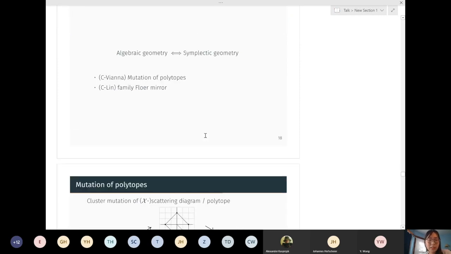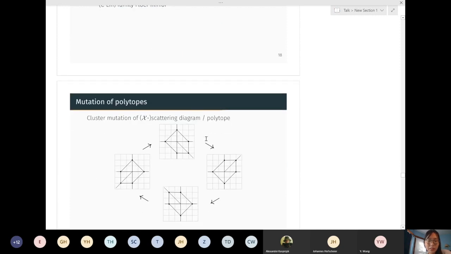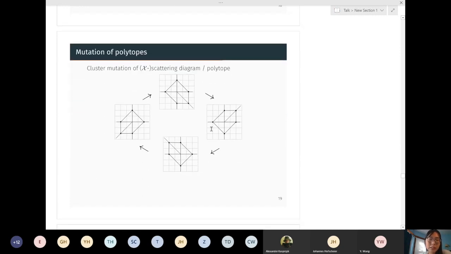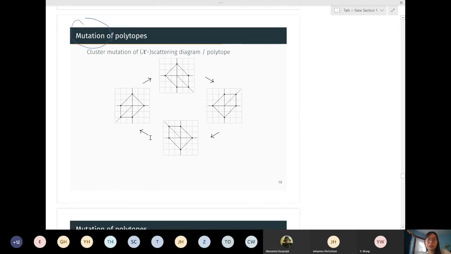Here in cluster theory, there's this notion of mutation that is in the algebraic geometry language. You can think of it as we just change our coordinates, but we can think in the definition as the union of tori, where we have one torus, and how can we get a new torus?